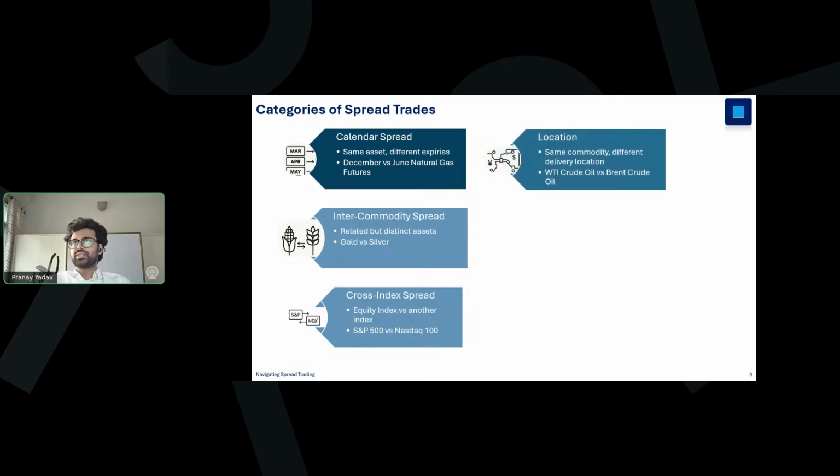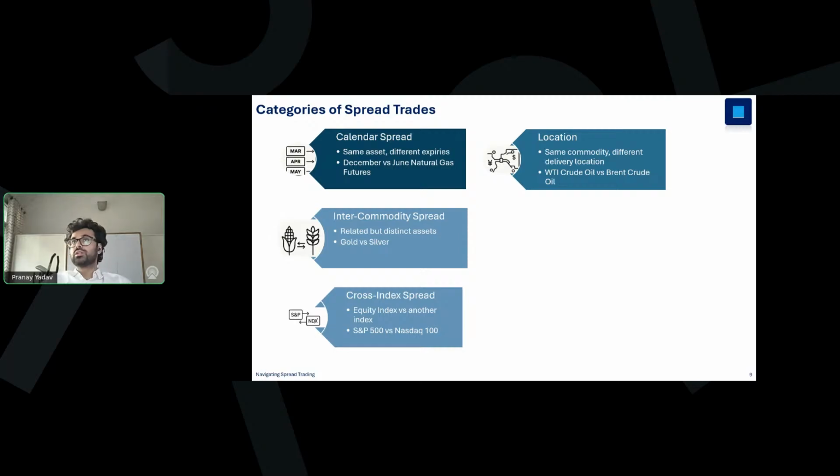Another type of spread trades are location spreads. These are the same commodities across different delivery locations. For instance, in this case, I've added an example of WTI and Brent. Both are delivering crude oil, just that they're delivering them at different locations. As a result of that, WTI becomes more of a US benchmark and Brent becomes much more of a global benchmark.